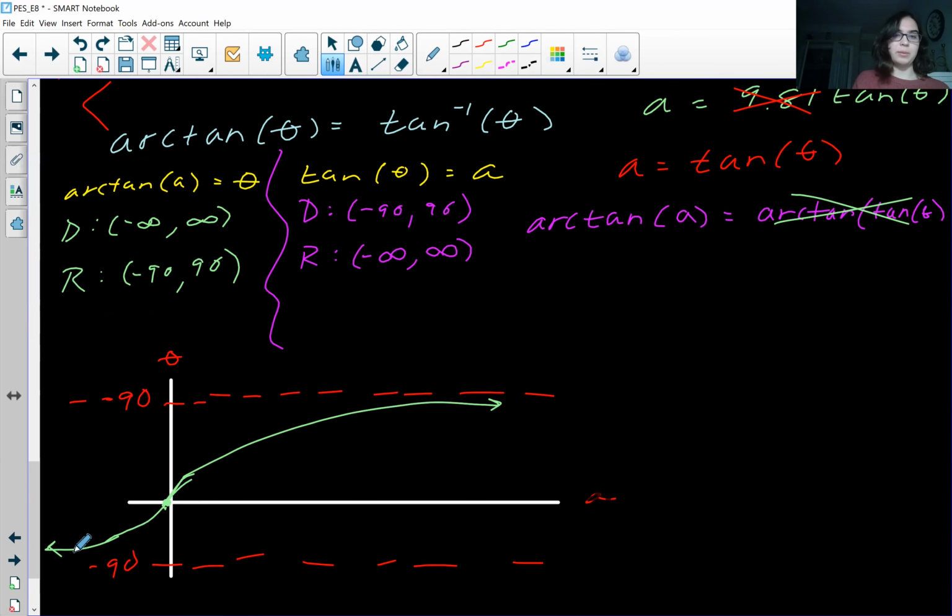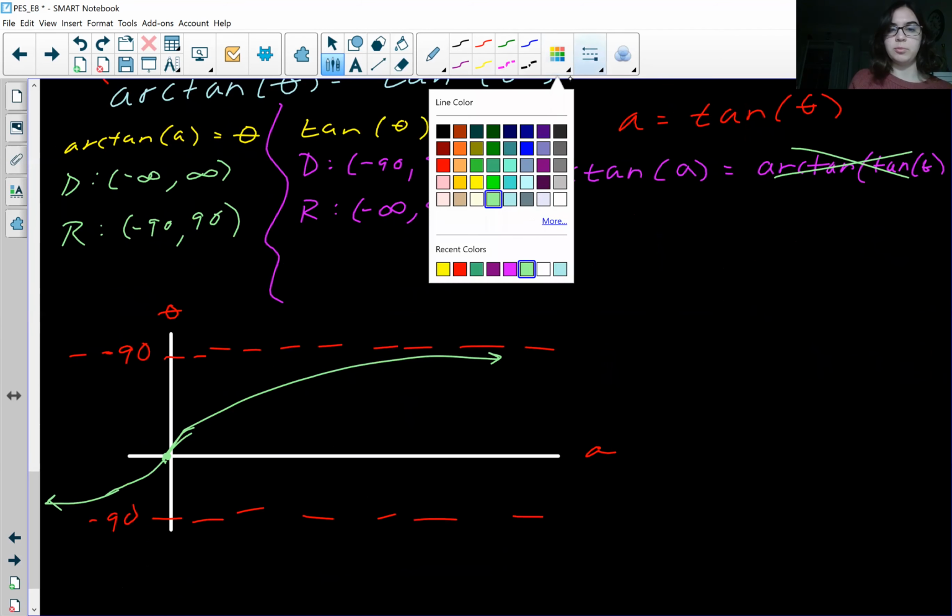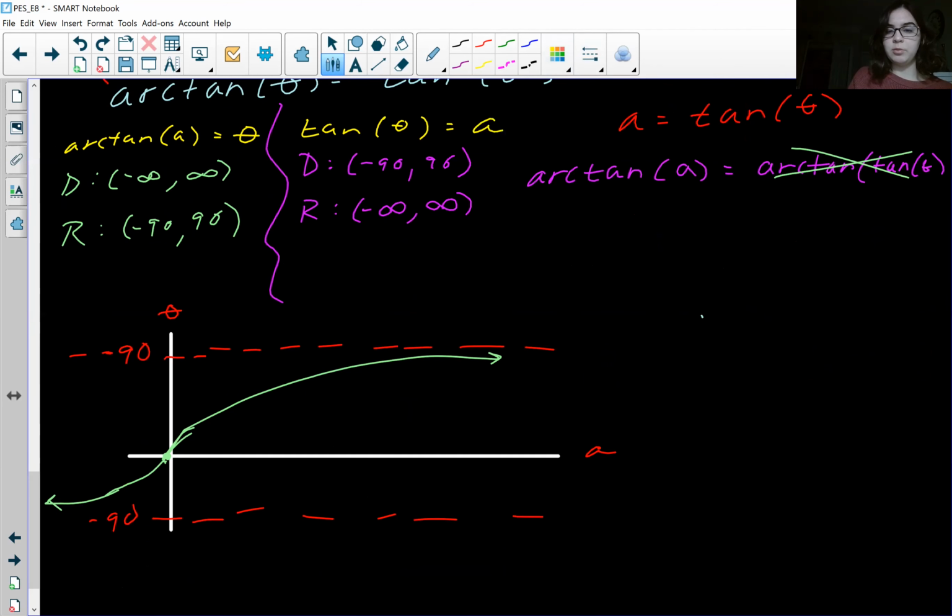That is our graph. The final thing we need to do is find the position of the pendulum when the car is moving 1 meter per second squared. So a equals 1. If we plug in 1, again working backwards, what is the angle that would have gotten us an acceleration of 1? In other words, tangent of theta is going to equal 1.